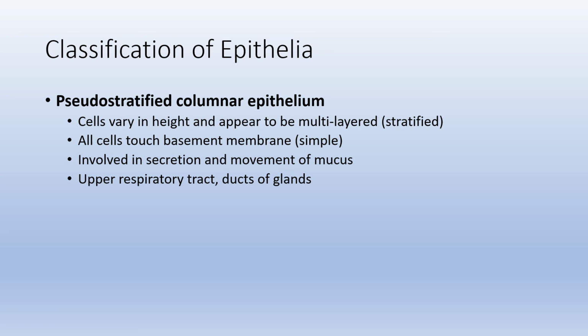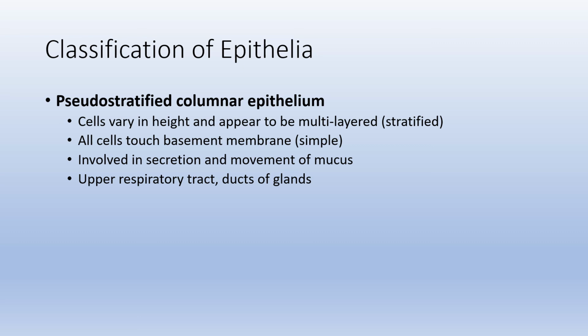This type of epithelium may look unfamiliar just because we never talked about its first name before, pseudostratified. Pseudostratified columnar epithelium is clumped together with simple epithelium because while it looks stratified, meaning it looks like it has many different layers, it truly only has one layer.